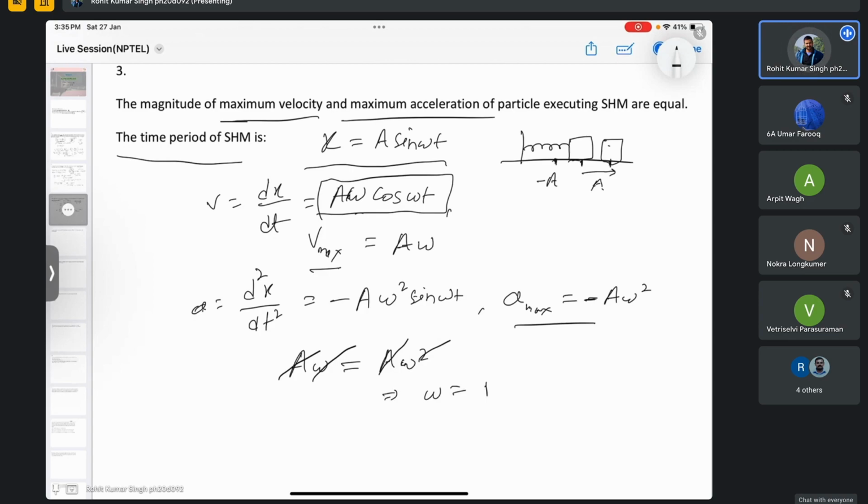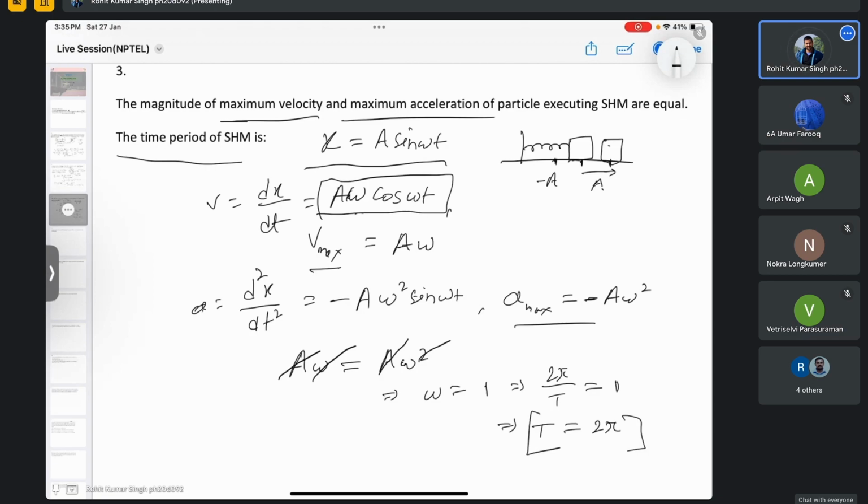This is what we got. And how can we find the time period of a system? Anyone remember the relation between frequency and time period? Yeah, 2 pi by T equal to 1. So we have time period equal to 2 pi.